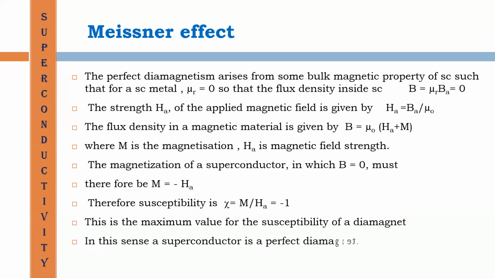In this sense, a superconductor is a perfect diamagnet. This is the explanation of the Meissner effect. The Meissner effect is very important when we are dealing with superconductivity.